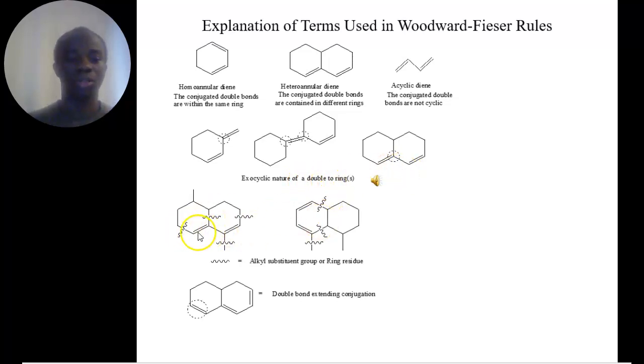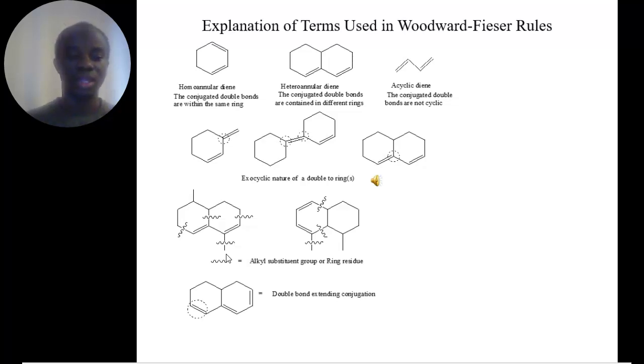This is also a situation where you might want to consider an alkyl substituent, or you might want to consider a ring residue. I mentioned in the previous video that you can use these terms interchangeably, but in a better sense they are two different things. Both of them talk about an sp3 carbon.